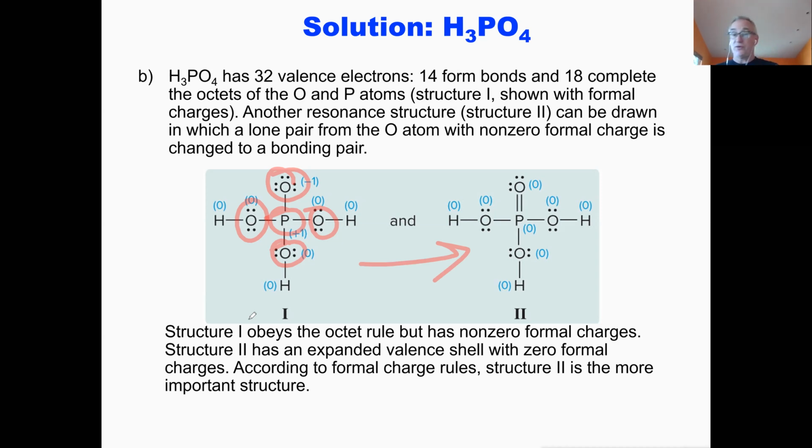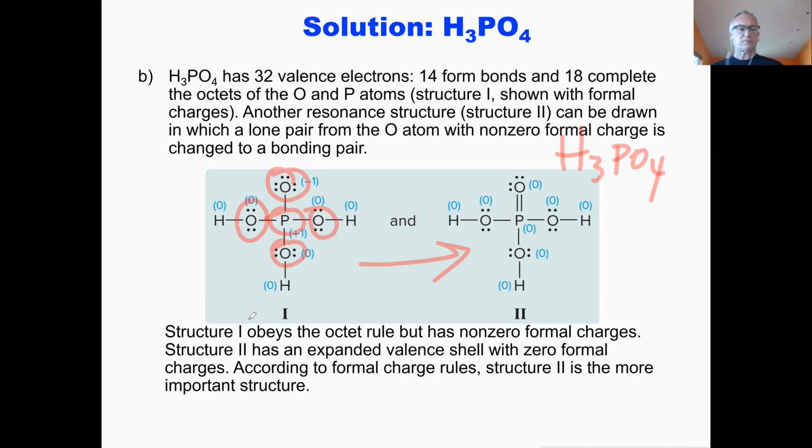And that may be true for the acid form, where there's no charges, but with the ionic form, where there are charges, structure 1 is actually more stable than structure 2.